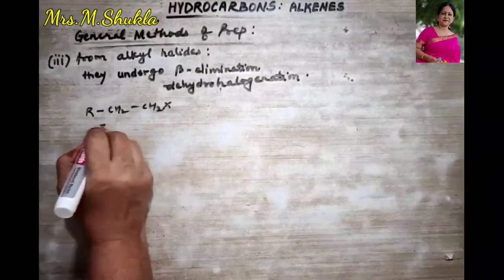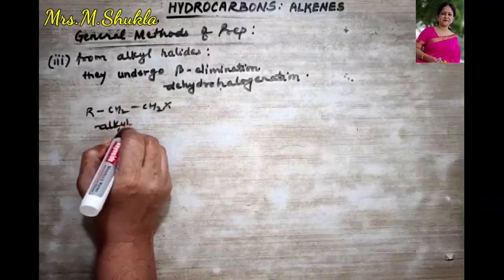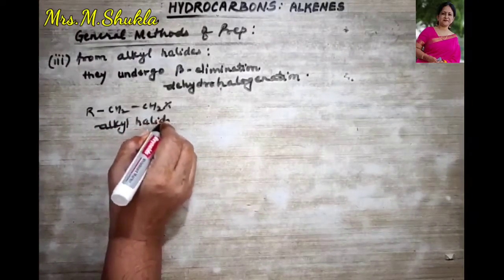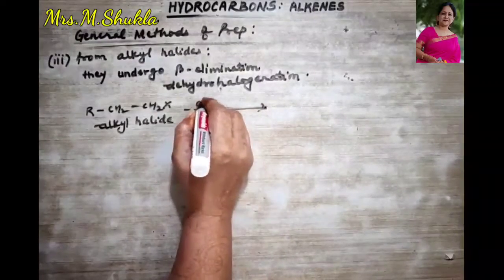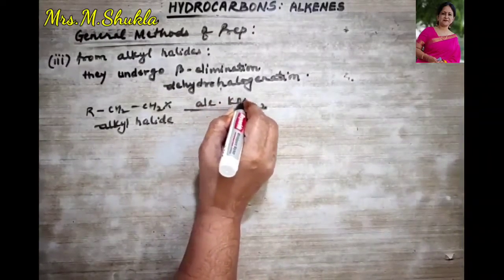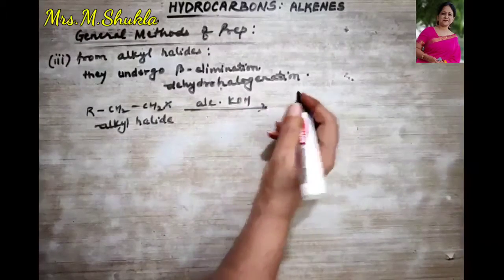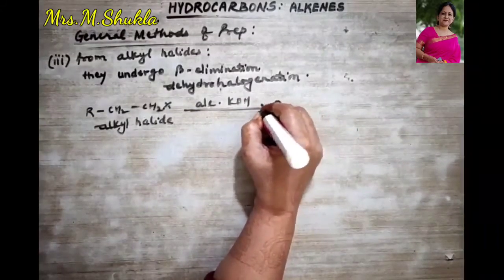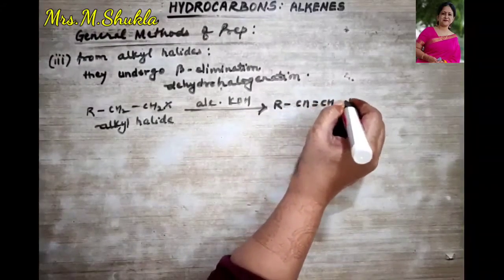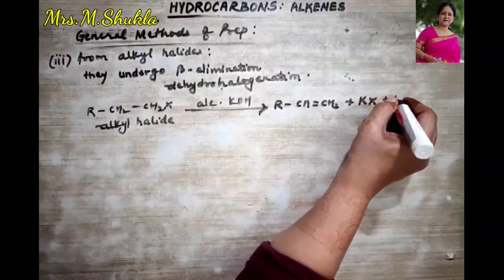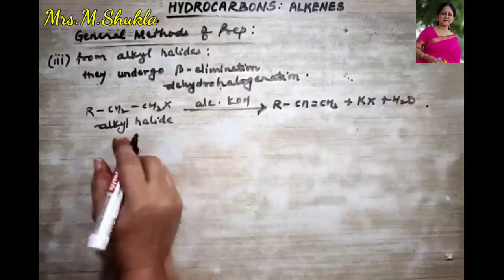So let's look at one general method, that is RCH2CH2X. So what is this? Your alkyl halide in the presence of alcoholic KOH is going to give us alkene, that is RCH double bond CH2 plus KX plus water will be given out.